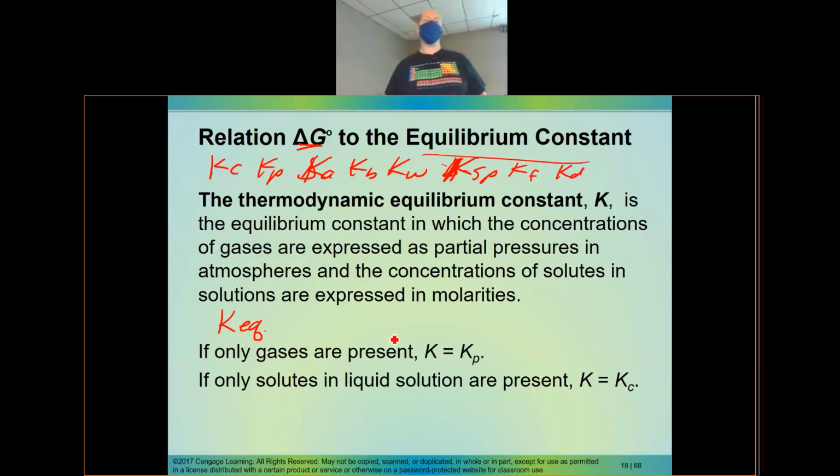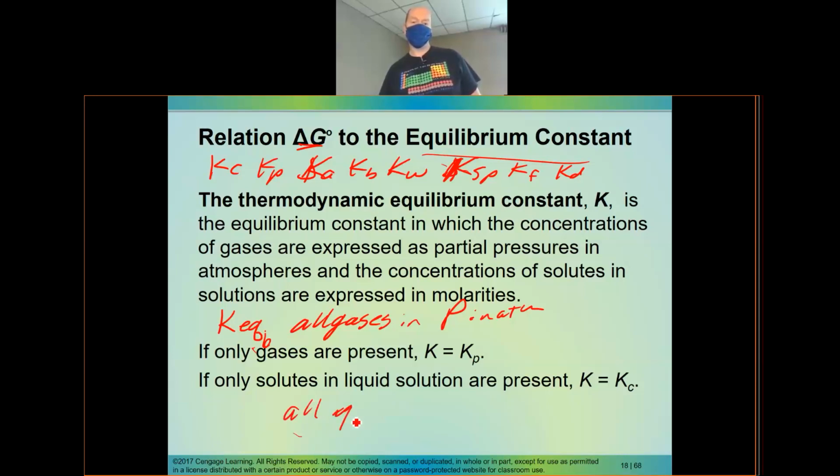When you do the KEQ, the equilibrium constant, if you are a gas, you have to put it in partial pressure. So all gases in pressure, in atmospheres. All aqueous is going to be in molarity.